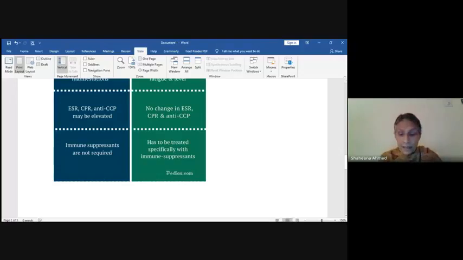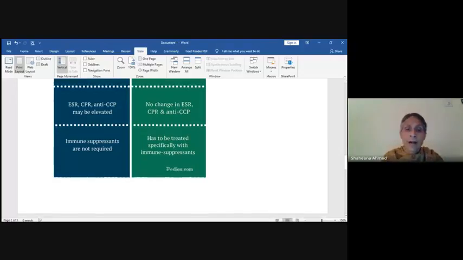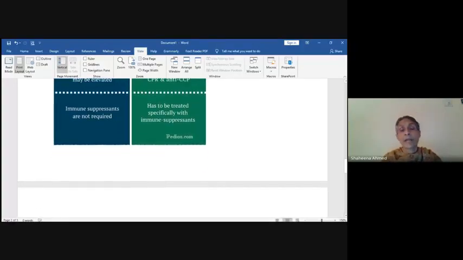Now, let's see how these can be treated. Usually, rheumatoid arthritis needs immune suppressants because it is an autoimmune disease. So, to counter that, you need medications which are going to suppress this immune response.